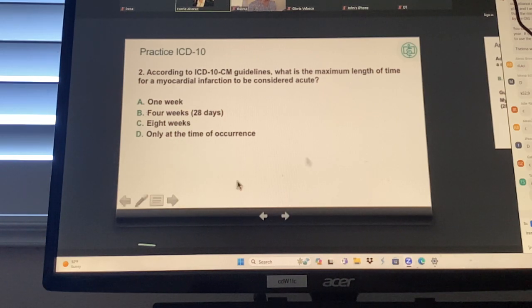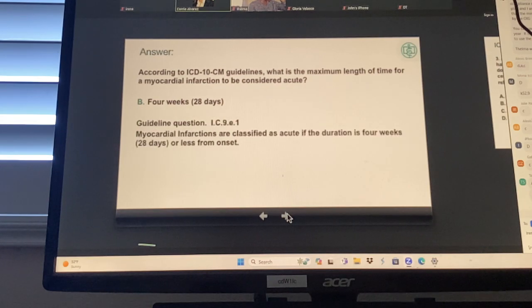That's how you kind of look at these answers and rule 2 out. But this would be hoping that if they don't give you the guideline number, that you would understand that the myocardial infarctions are in the cardiovascular section, and that would be in chapter 9 in the guidelines.